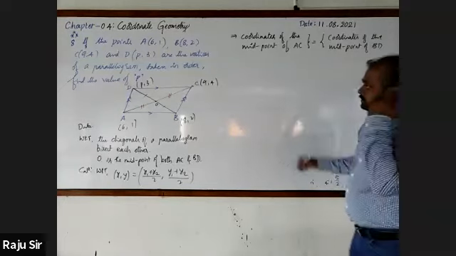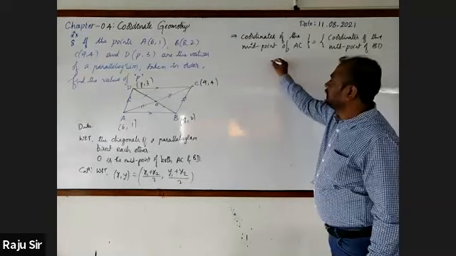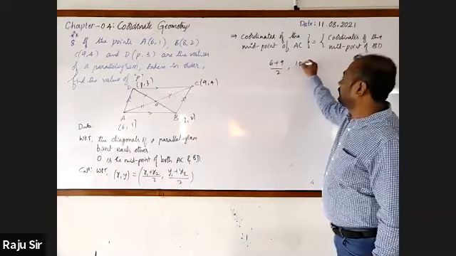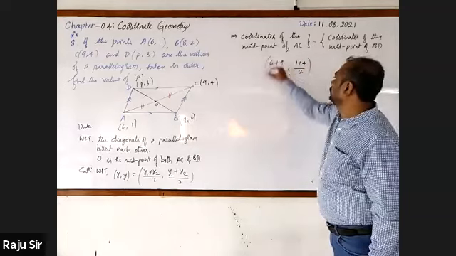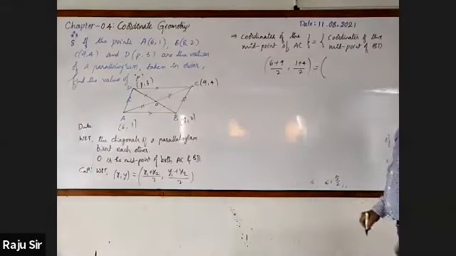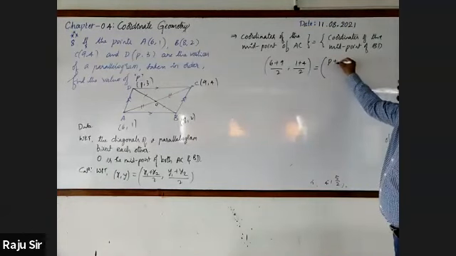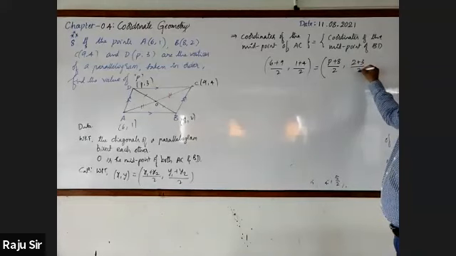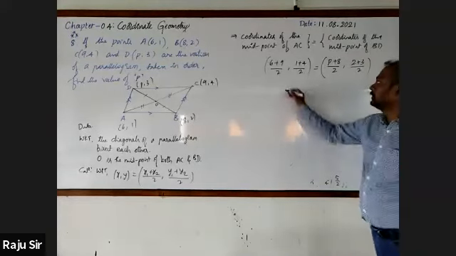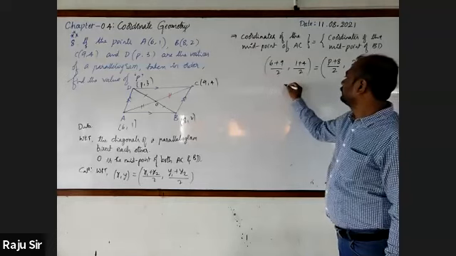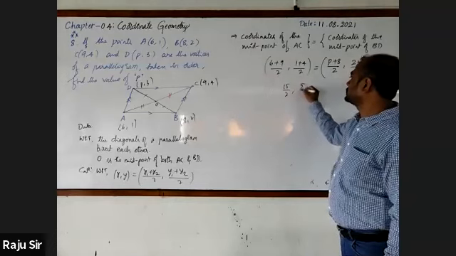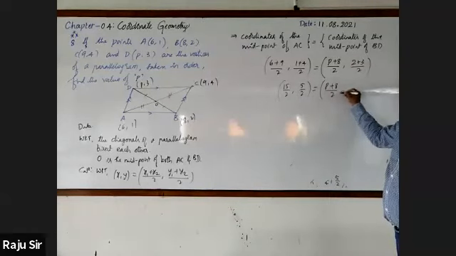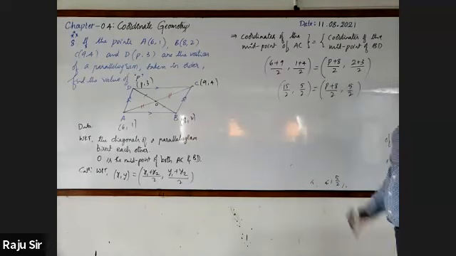Now you write that AC is 6 plus 9 by 2, then 1 plus 4 by 2. It is equal to BD, which is P plus 8 by 2, then 2 plus 3 by 2. Next, it is 15 by 2, and this is 5 by 2. It's equal to P plus 8 by 2 as it is, then 5 by 2.